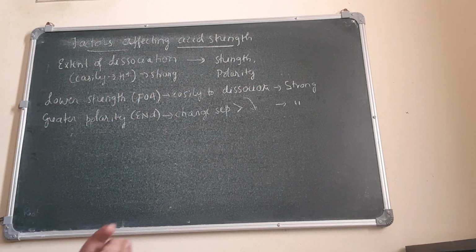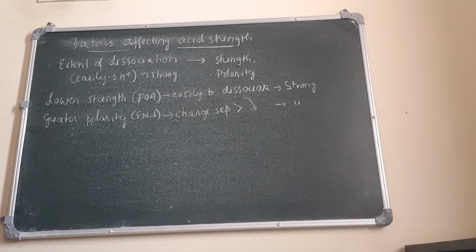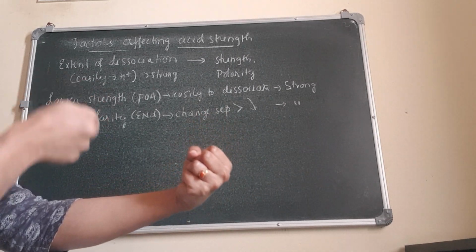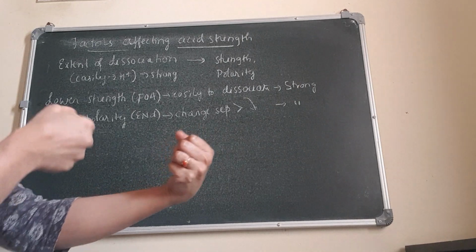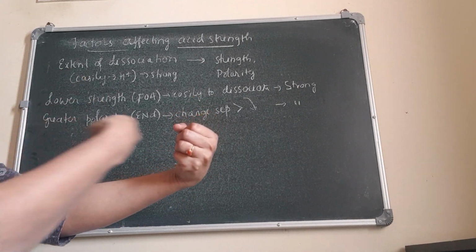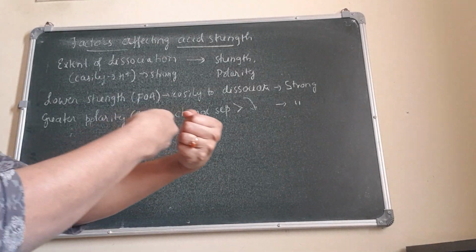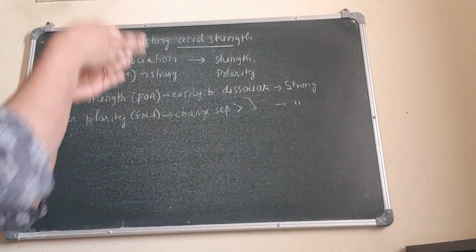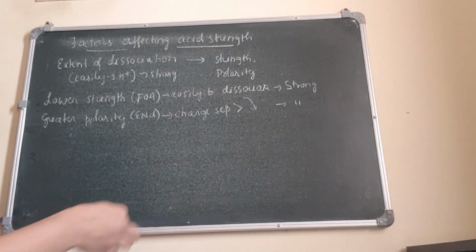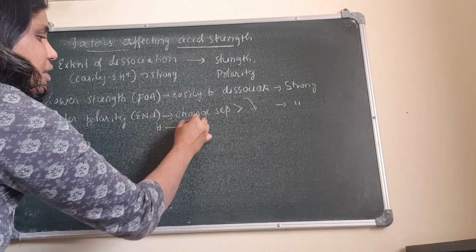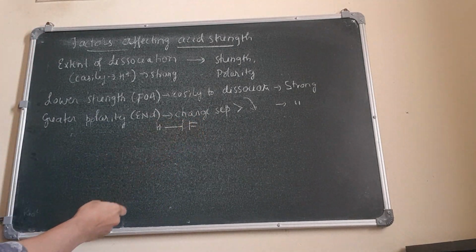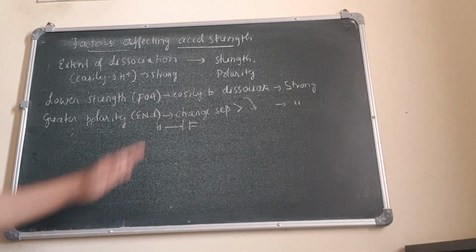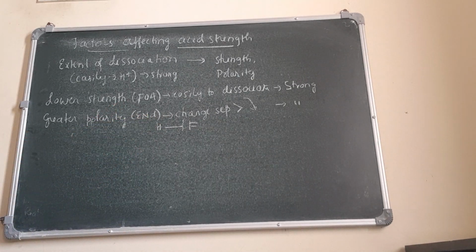In terms of polarity, if the electronegativity difference is greater, let us say this is H and this is fluorine, for example, there is high electronegativity difference. So there is greater charge separation, the electrons are almost closer towards the fluorine, correct? Imagine an HF, the shared electron pair is almost near fluorine. I can very easily remove the hydrogen because fluorine likes it.